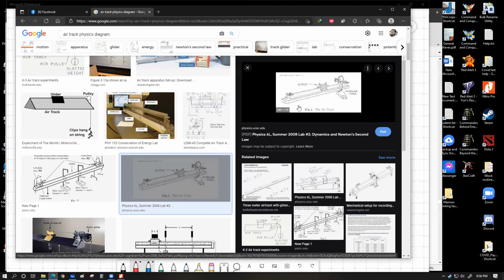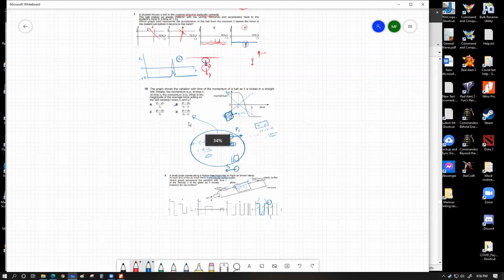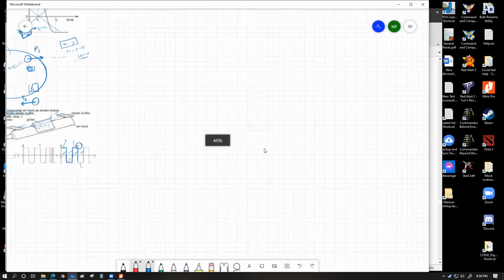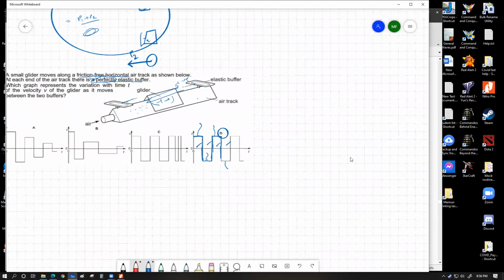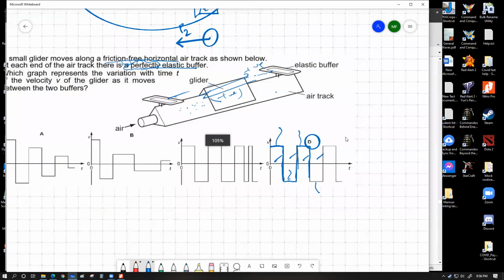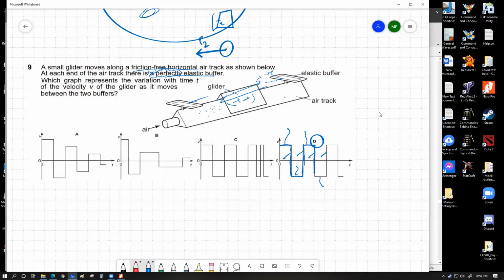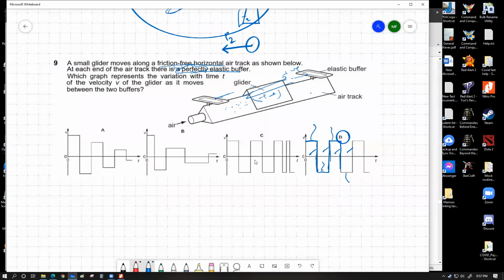I mean, motion of the glider, sir, or the air? We are not showing the motion of the air over here. I'm just discussing the motion of the air so that you can make sense of how the glider actually moves. All of these graphs are for which version of the velocity of the glider?